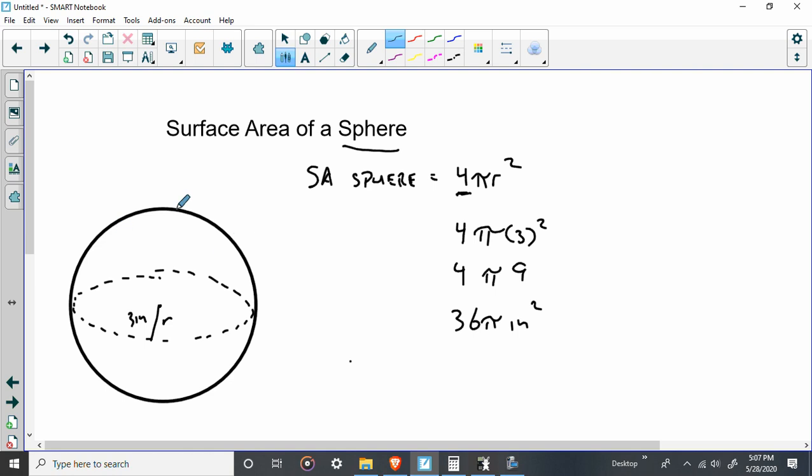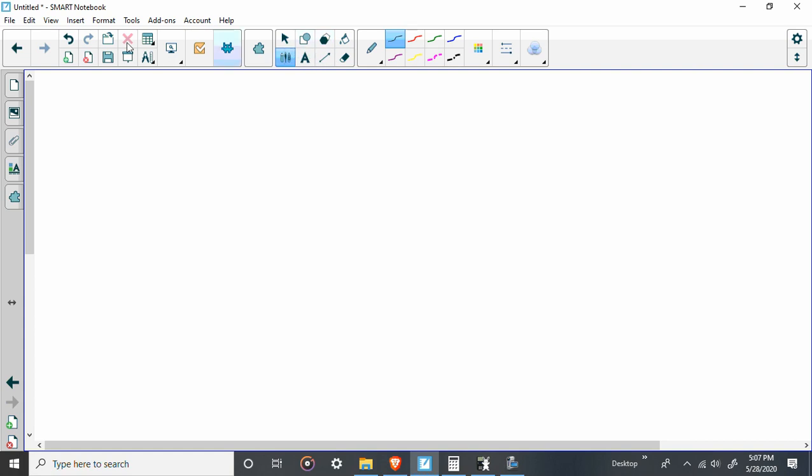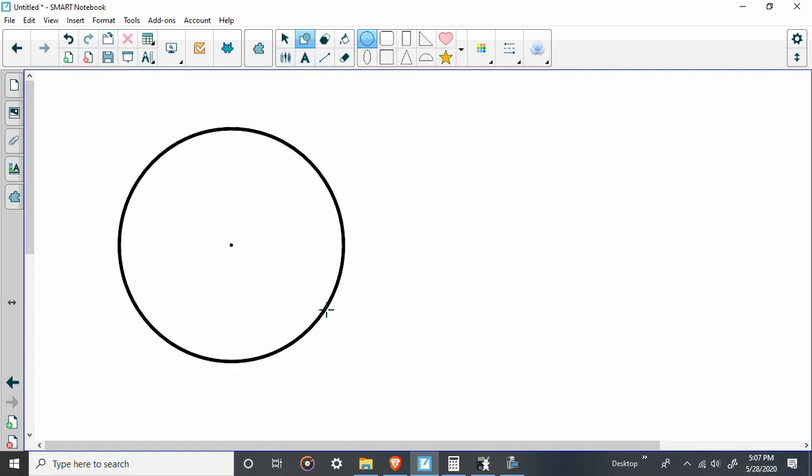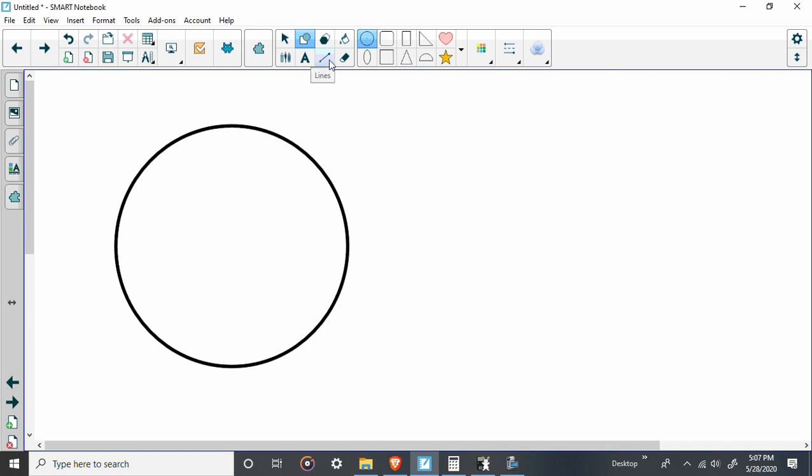Again, if you wanted to conceptualize how you would find the surface area of a sphere, think about it if you had a piece of tape and you were winding it around the sphere. You started at one side and just kept going and wrapping it.